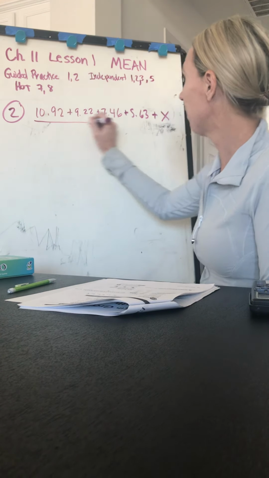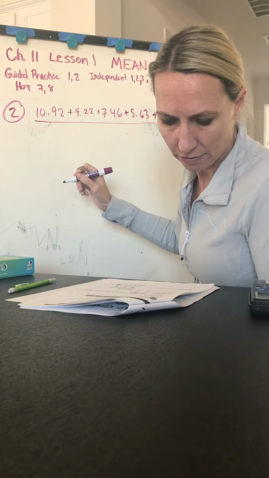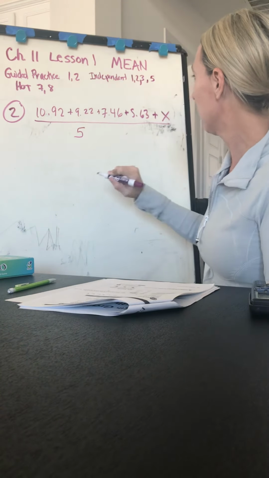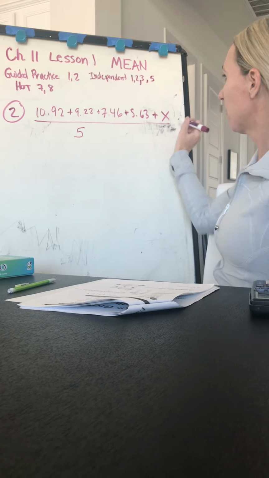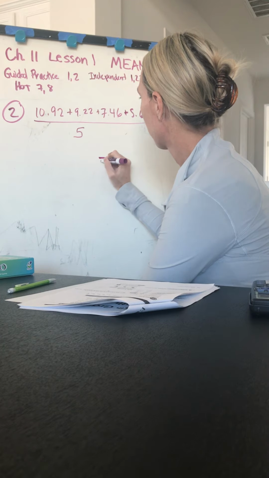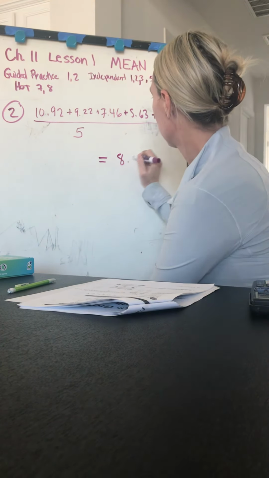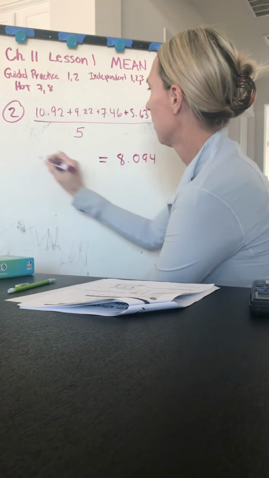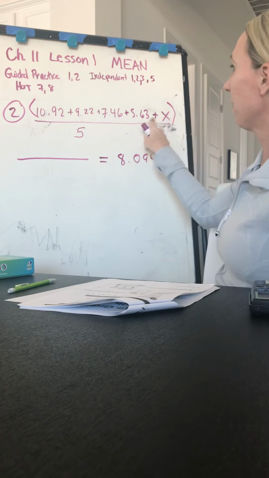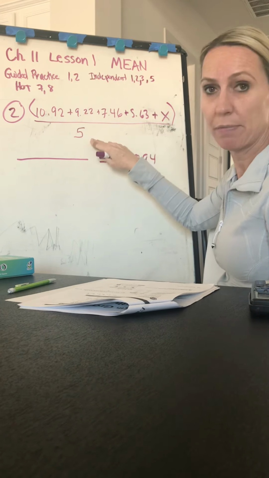So after we divide this by, let's see, 1, 2, 3, 4, 5, all of this is going to equal, actually I need to rewrite it again. It's going to equal 8.094. So the first thing I'm going to do is just simplify this part, because we have to add all these first. That's why I put the parentheses around it, and then you divide by 5.